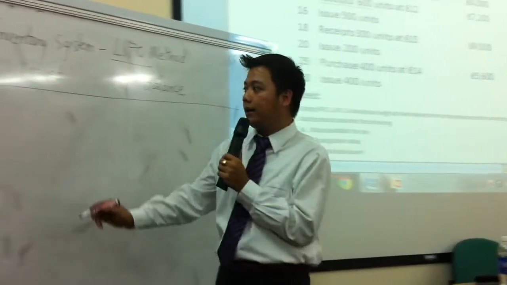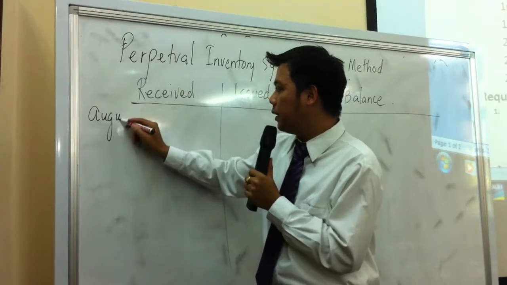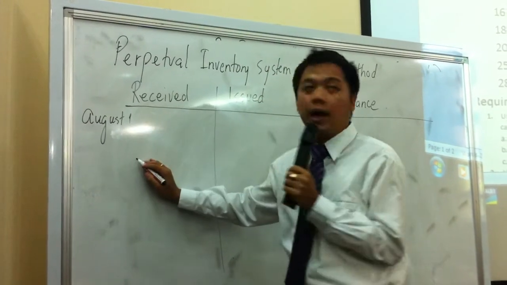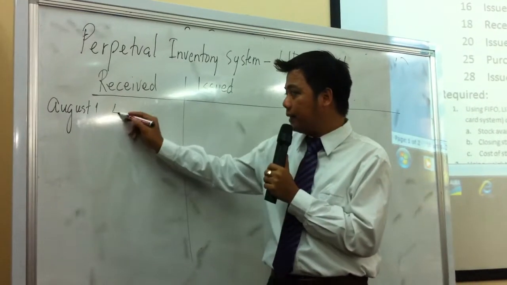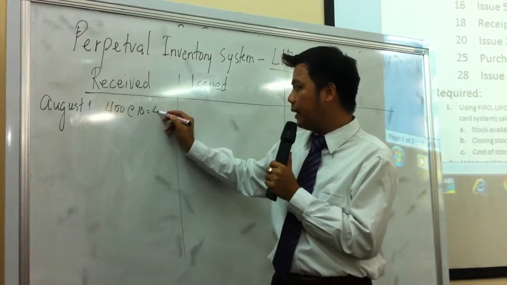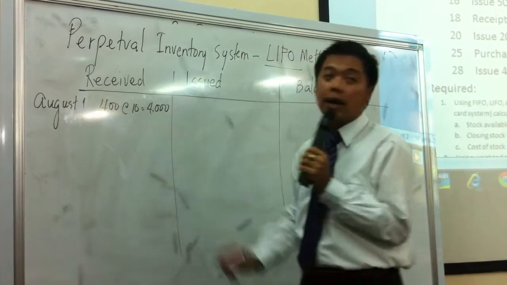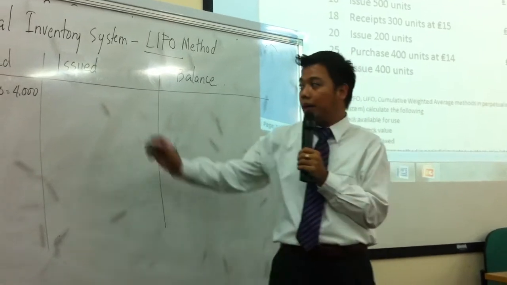So August 1, we have opening stock of how much? 400 units at 10, and that is 4,000.